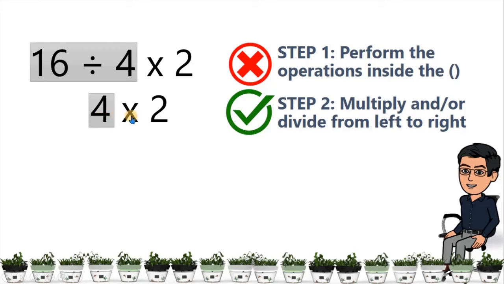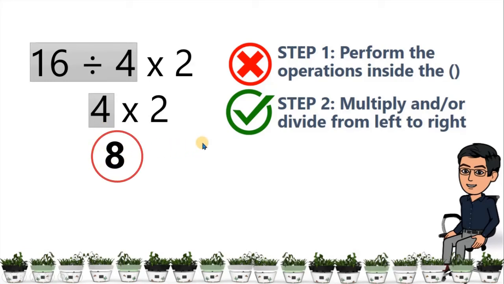Then, we multiply it by 2. What is 4 times 2? 4 times 2 is equal to 8. So the answer for the problem 16 divided by 4 times 2 is equal to 8.